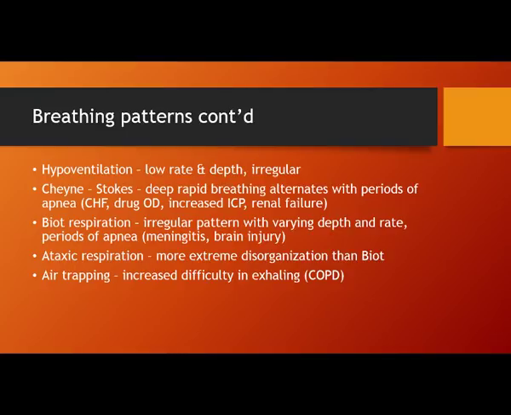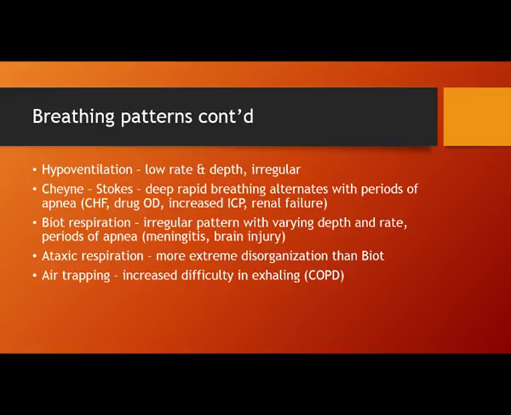And you see this in people that are about to die, sometimes, depending on the mechanism of death, but it's severe CHF, a drug overdose, increased intracranial pressure. I'm sorry, CHF is congestive heart failure, and then severe renal failure too.